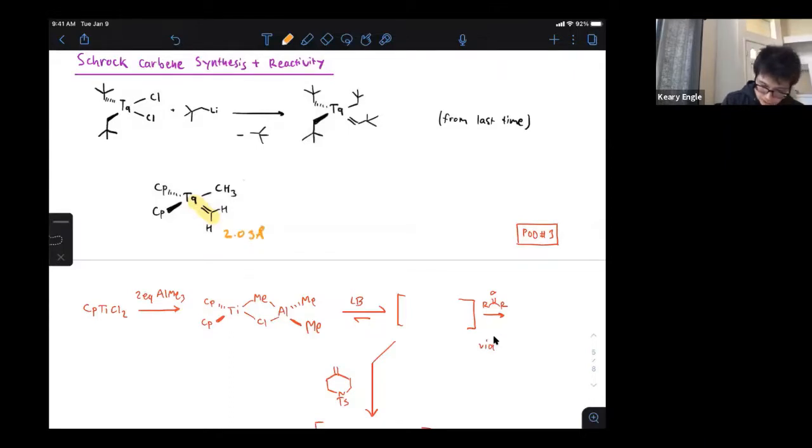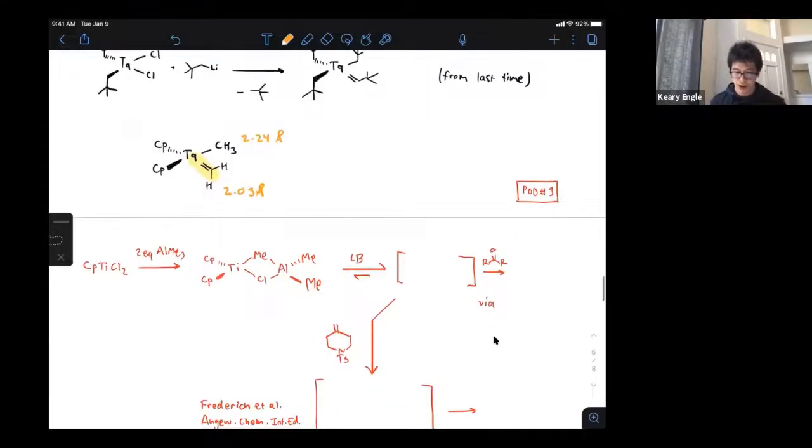And here we almost have a built-in internal standard for what a prototypical alkyl tantalum bond should look like. So significantly shorter now than a tantalum carbon single bond. As a reminder, the Fischer carbene, the representative example we covered, had a bond distance of 2.13. So consistent with this general trend that Schrock carbenes have stronger carbon metal bonds, and that manifests in terms of structure as being shorter.